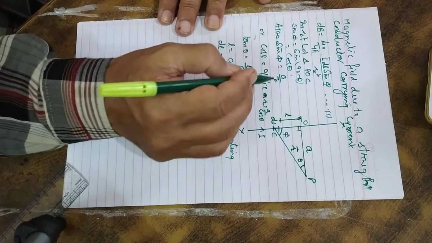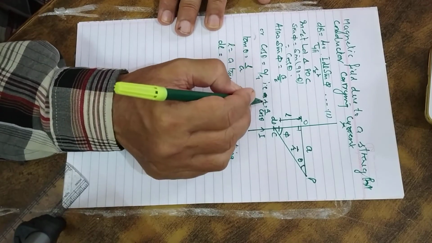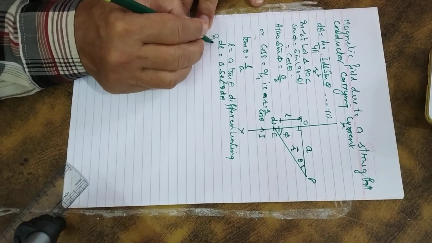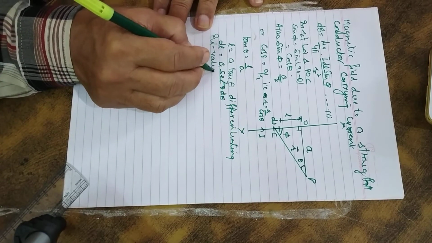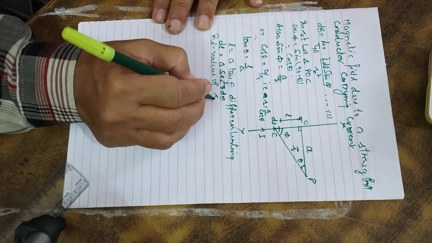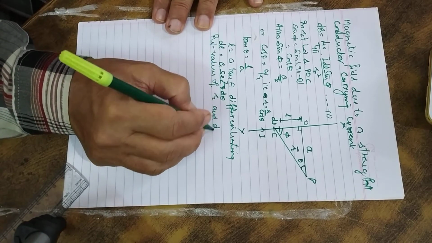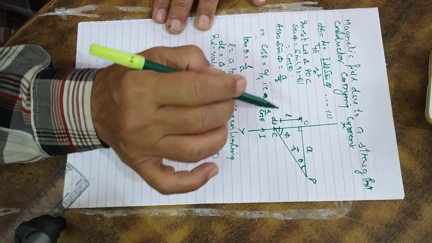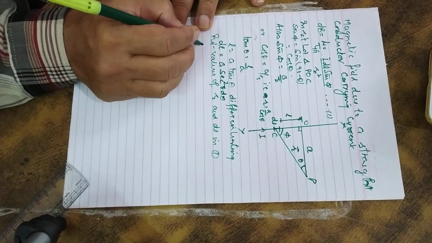Now put values of R and dl in equation 1.